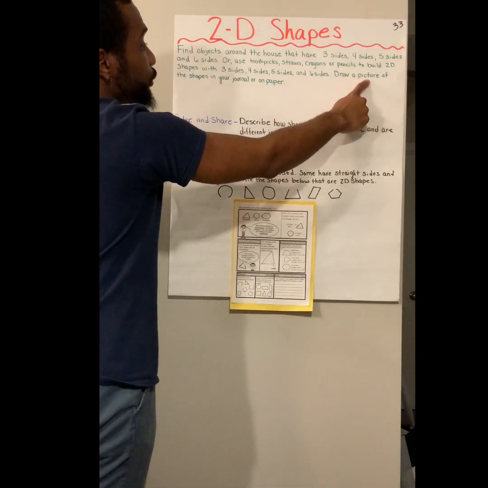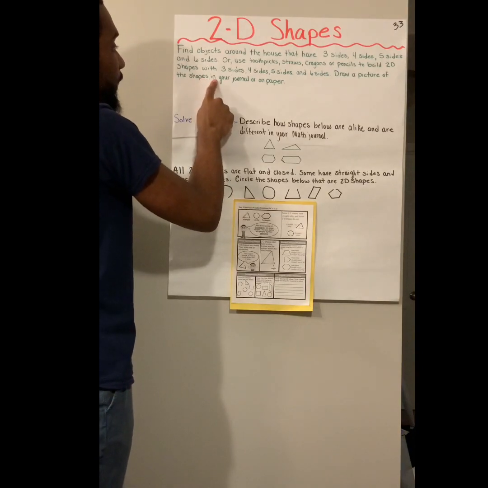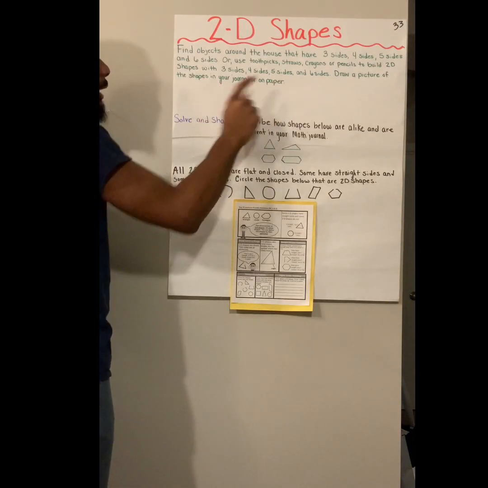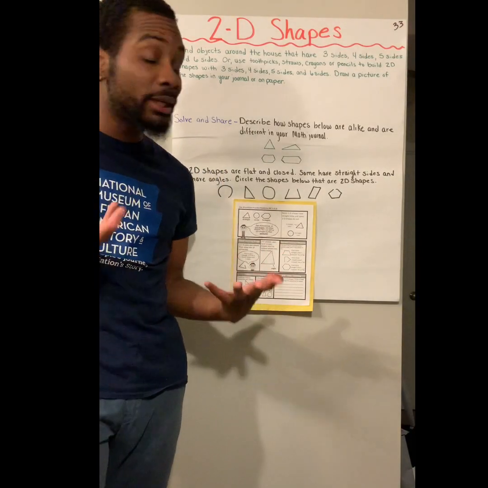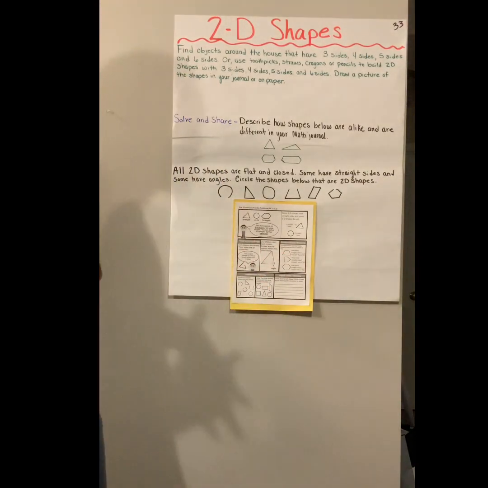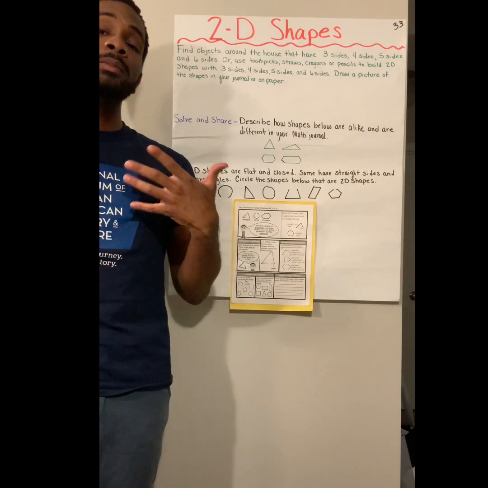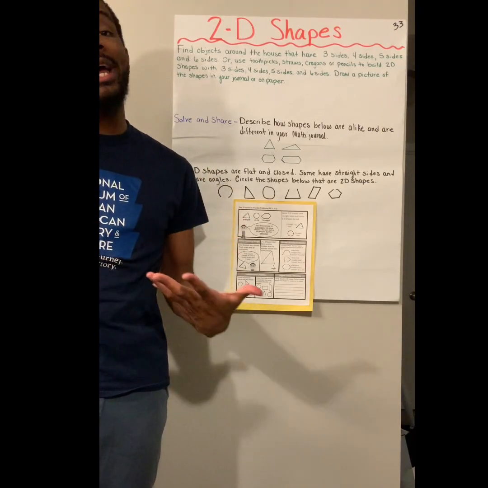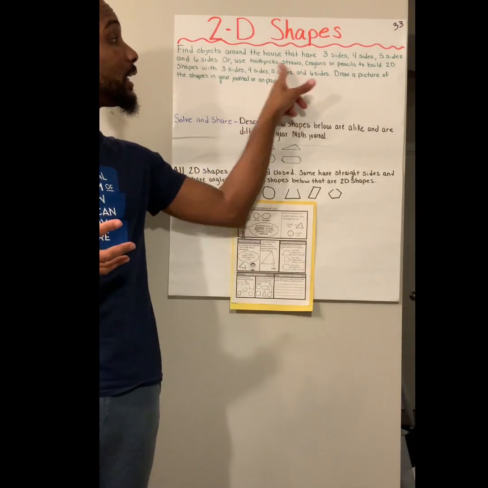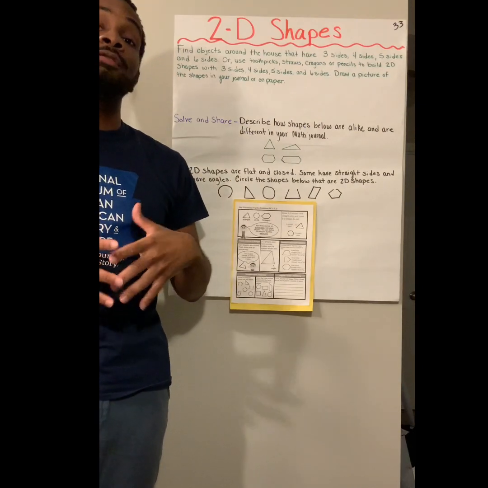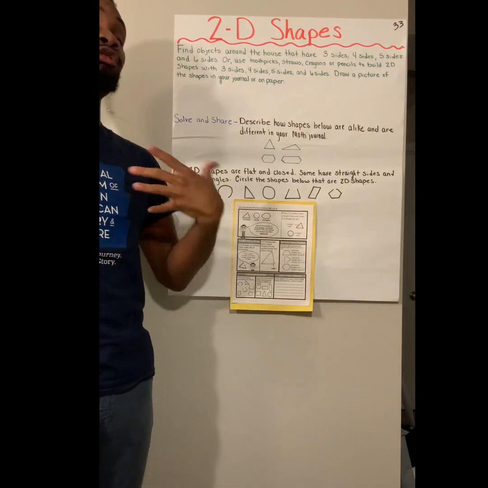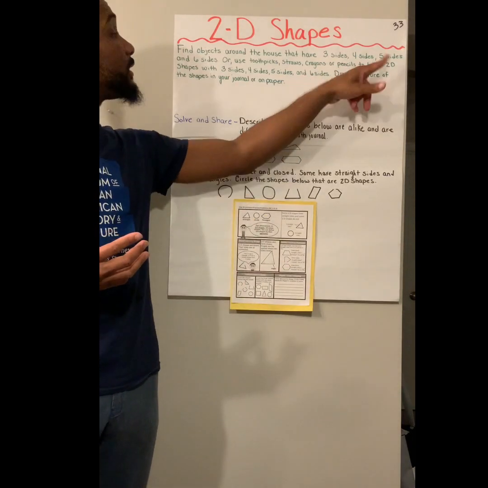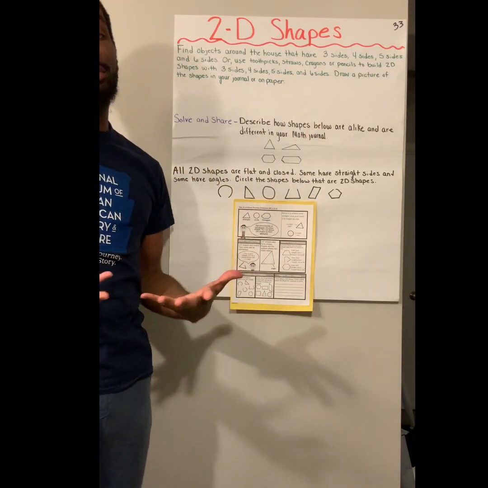Draw a picture of the shapes in your journal or on paper. Now, I didn't really have that many shapes around the house, so I made a few from what I could find. If you cannot find a lot of shapes with those sides, find what you can and use that to draw, okay? But don't stress yourself out. Just find what you can find, okay?